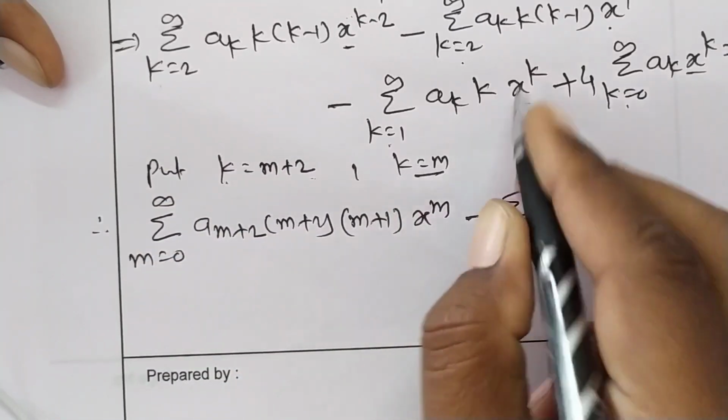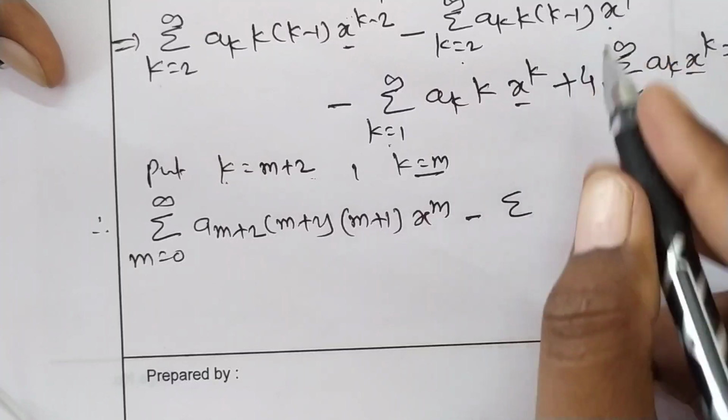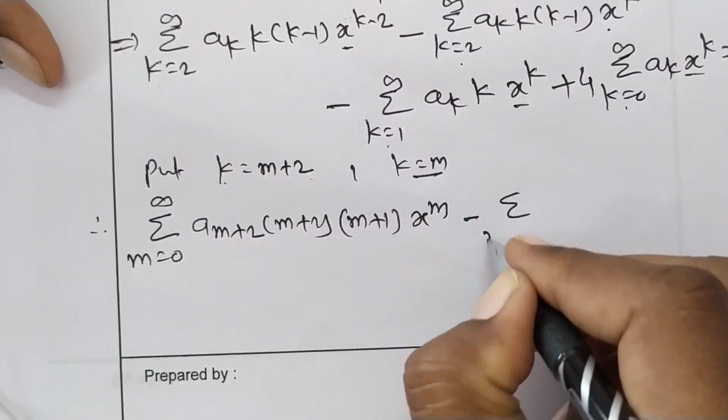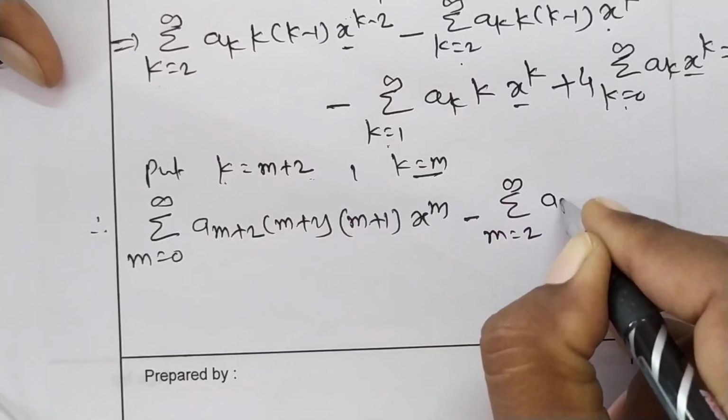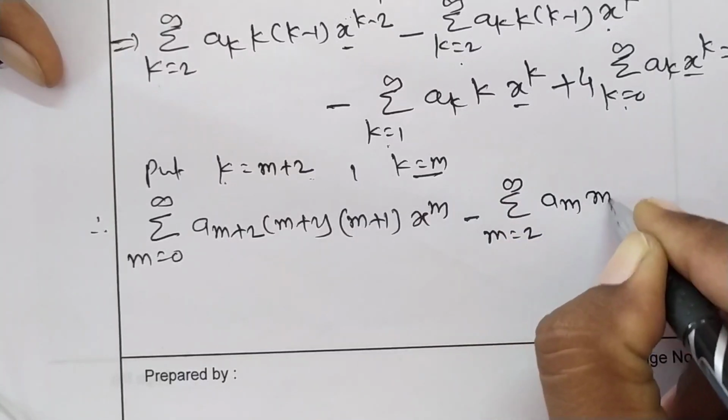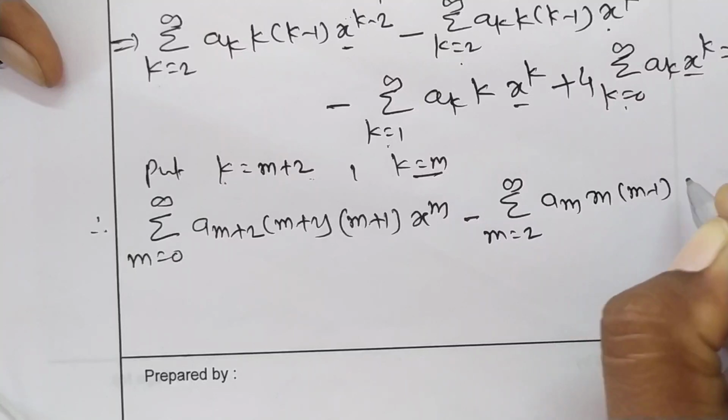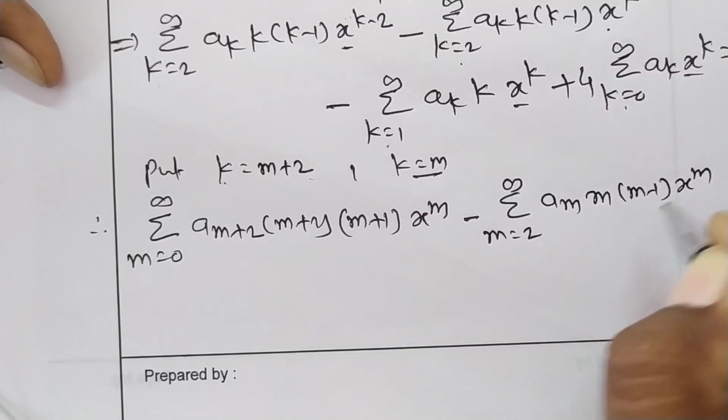Minus summation of, here only replace because x raised to k is already present, so replace k by m only. m varies from 2 to infinity, a_m m minus 1 x to the power m.